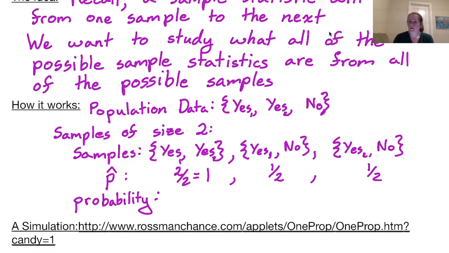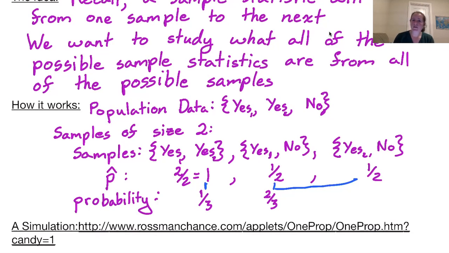So we had two things that could occur. 1 occurred with a probability of 1 out of 3, and 1/2 occurred with a probability of 2 out of 3. One of the 3 outcomes was a 1, and 2 of the 3 outcomes were a 1/2. So here, instead of what the actual data values are, we're looking at what the different sample proportions were.